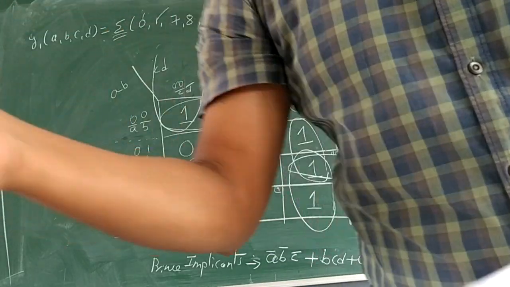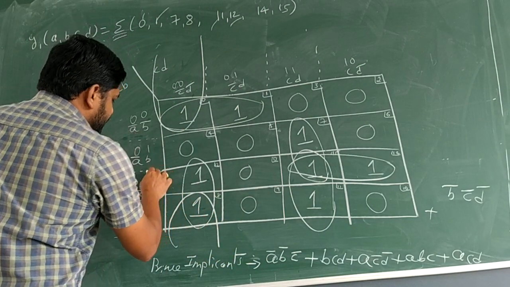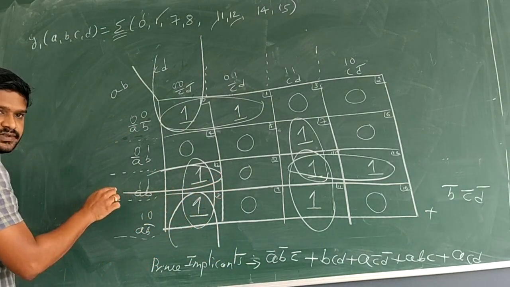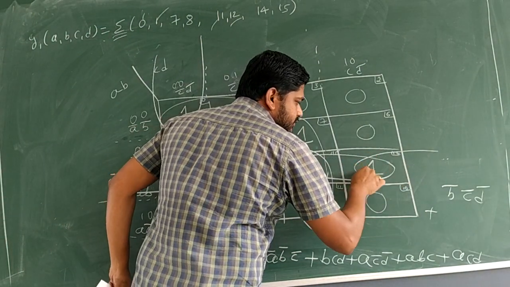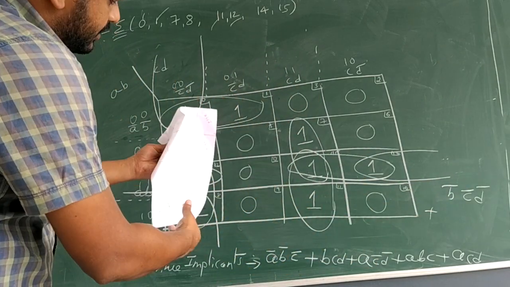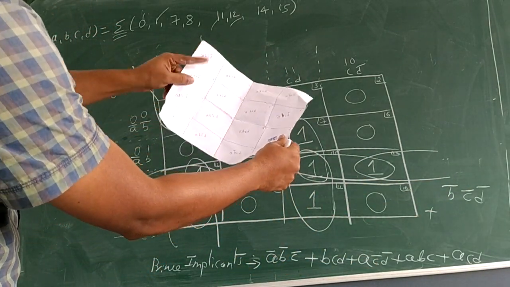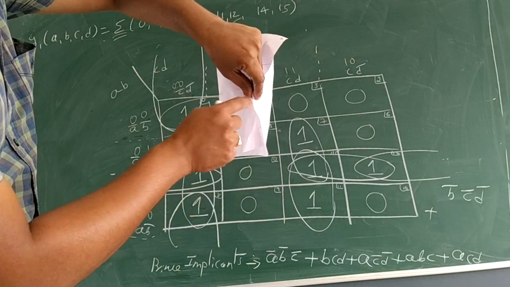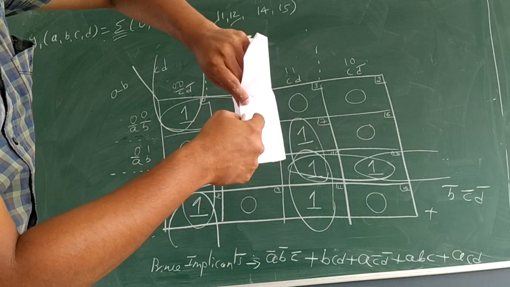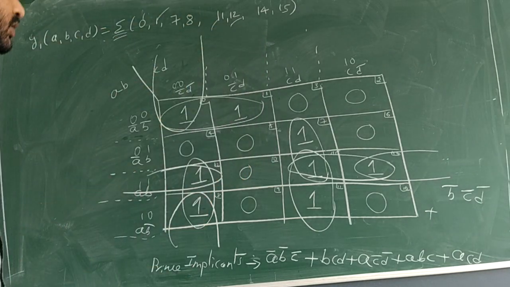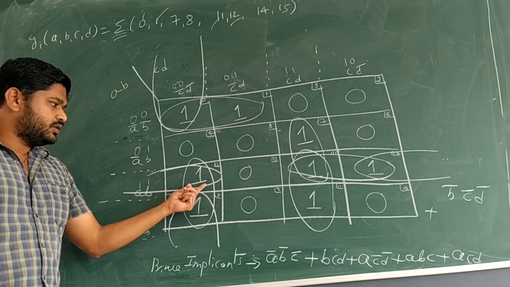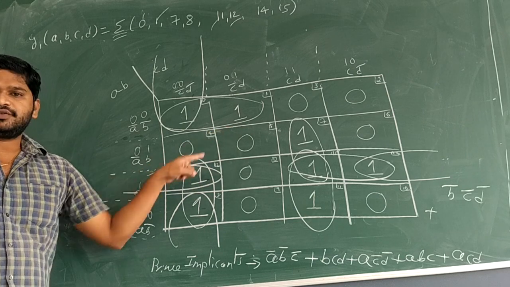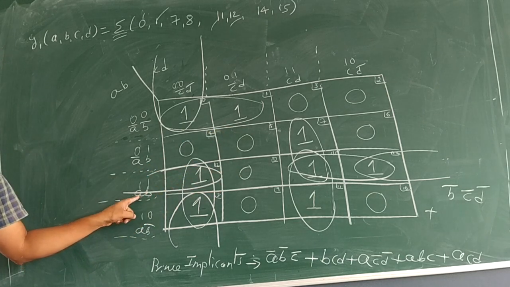How to show that horizontal adjacency? 12 like this, 14 like this. So again I will show. 12 and 14 are adjacent to each other. Now here it is 12, here it is 14. So now you write the function. It is a row, meaning horizontal, so AB.